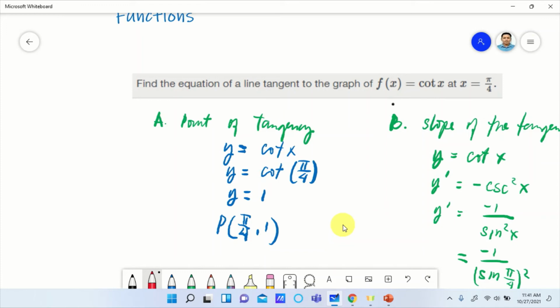Therefore, the point of tangency is pi over 4 and 1. Again, may I remind you to set your calculator to radian mode, because your calculator will give you a different answer if it is set to the degree mode.